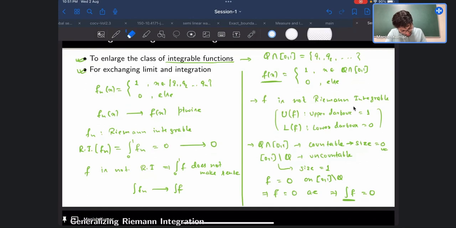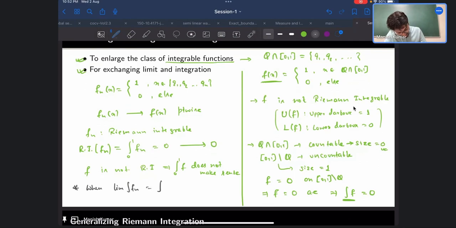So this convergence basically means, what we mean to say is: when is the limit of the integral of f_n equal to the integral of the limit of f_n? When can we exchange the limit and integral?